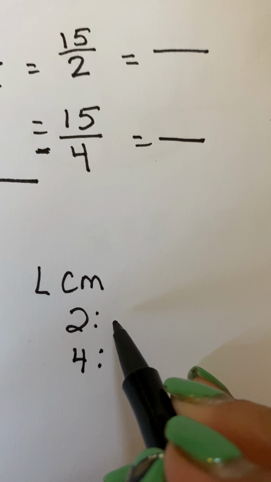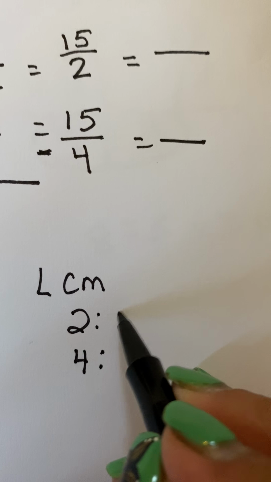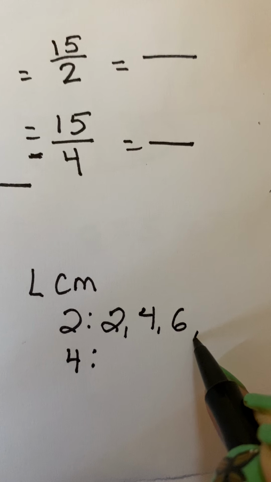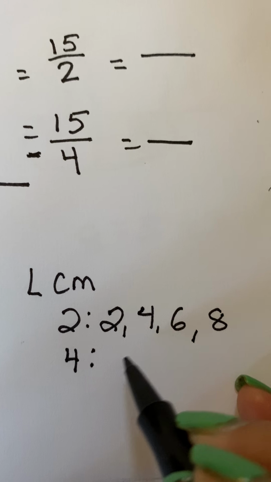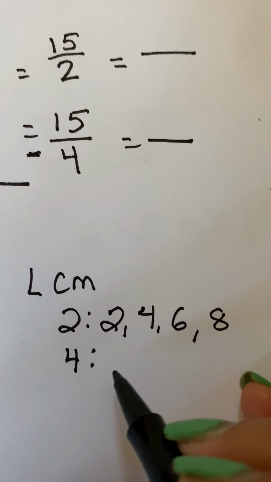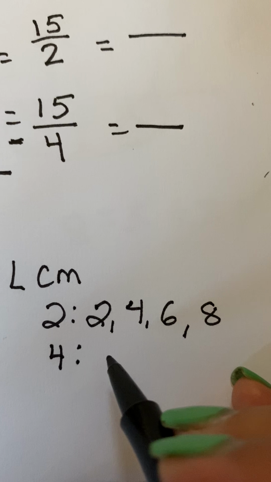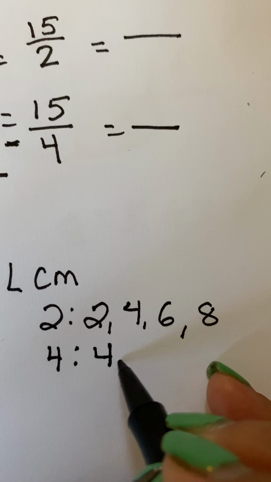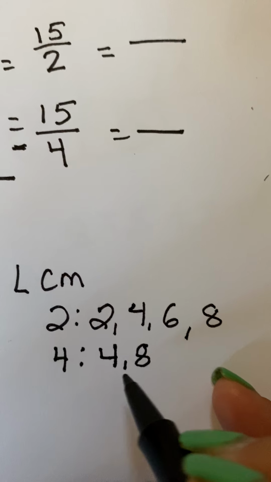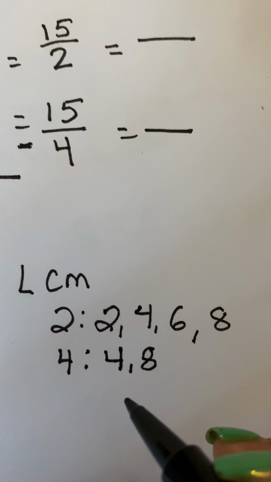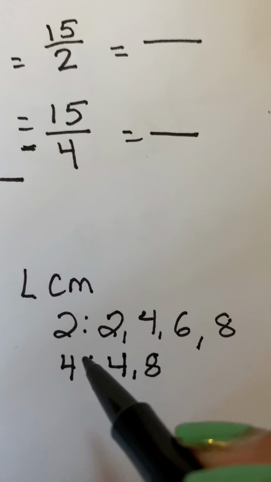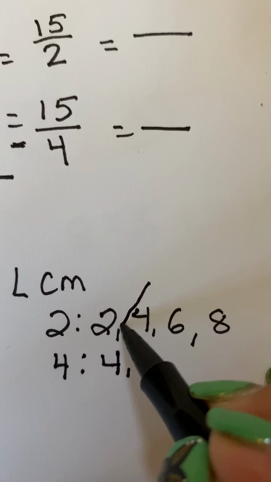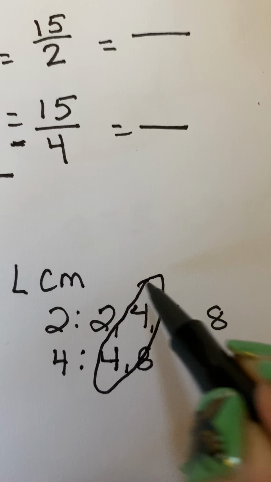You've done this before, so let's start skip counting. 2, 4, 6, 8, and I'm going to stop because I already see what the common denominator is. And then this one can be 4, skip counting, and I'm just going to go to 8. So what is the least common multiple that the 2 and the 4 share? It is the 4. So that is what you would circle.